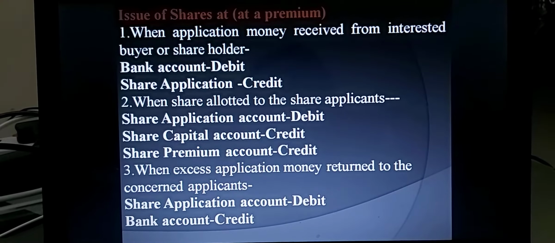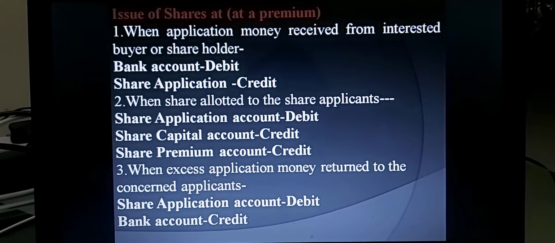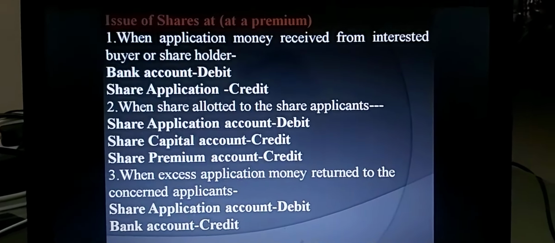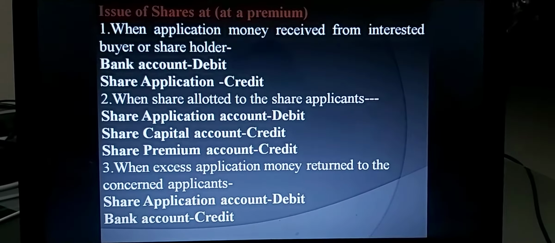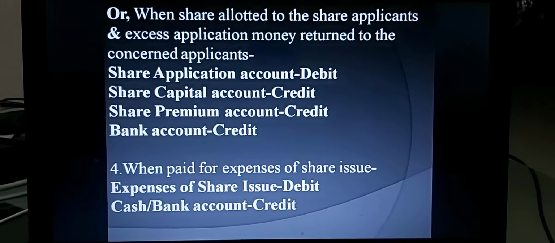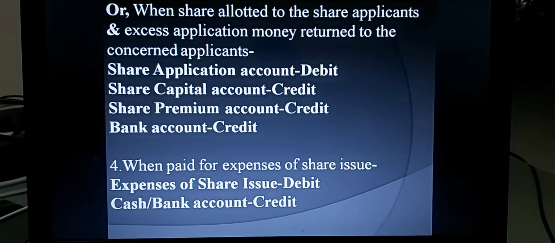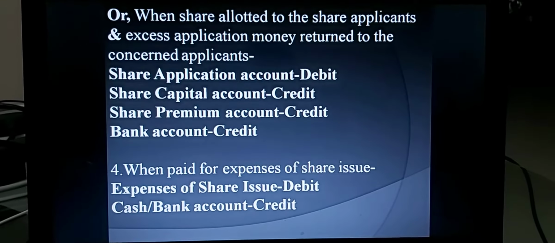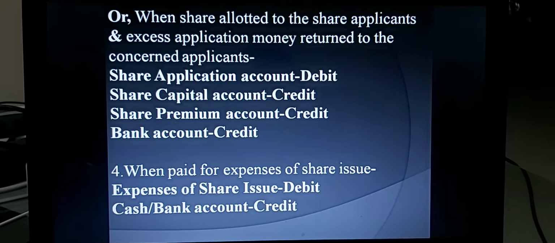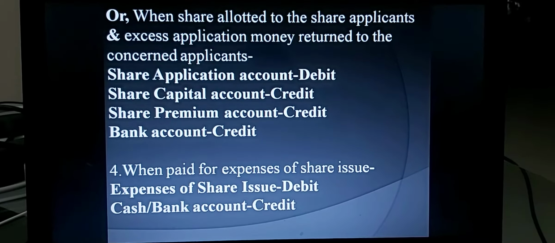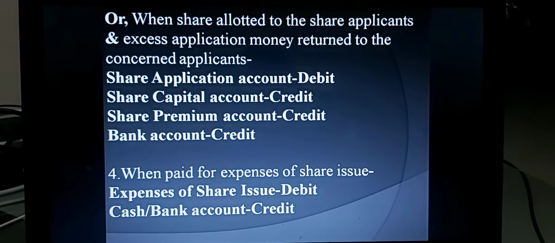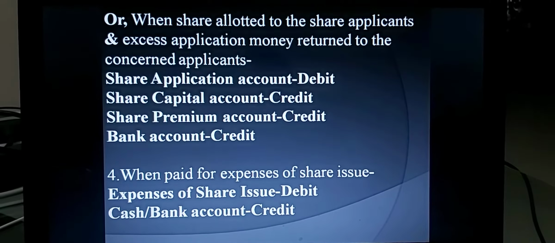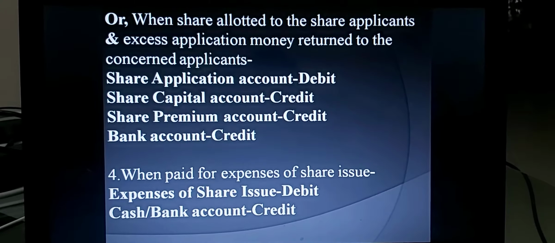Number 3, when excess application money is returned to the concerned applicants, the journal is share application account debit, bank account credit. Now, when shares are allotted to the share applicants and excess application money is returned, or when you want to give the necessary journal for number 2 and 3, this is the journal: share application account debit, share capital account credit, share premium account credit, bank account credit.